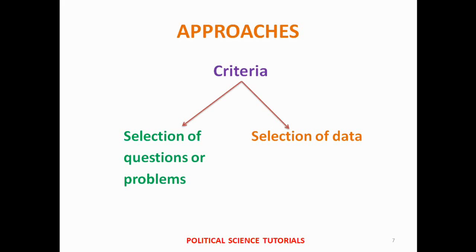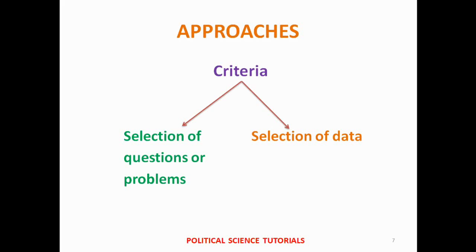Why the selection of questions and data? Since the questions and data are very great in number and also varied in nature, each political scientist or philosopher analyzes them in his or her own way, by their own standpoint and method.